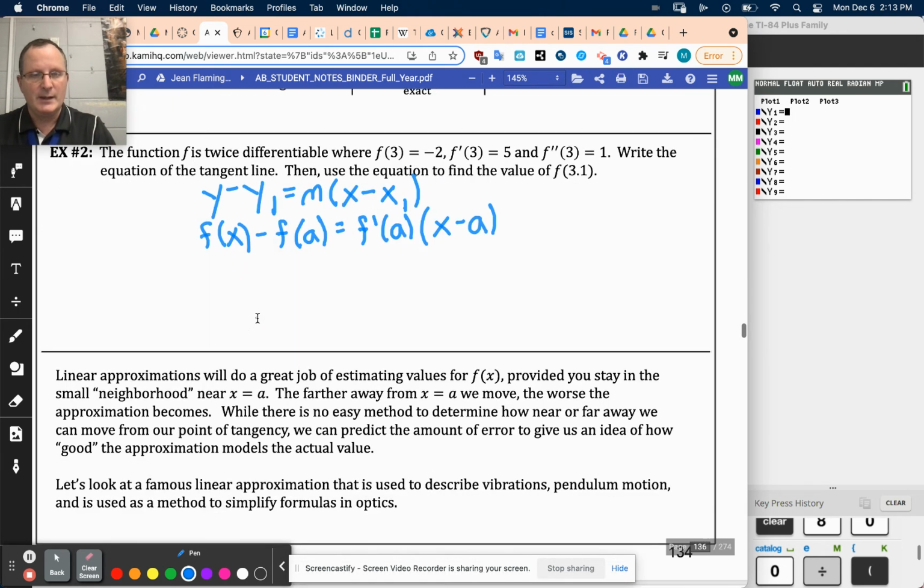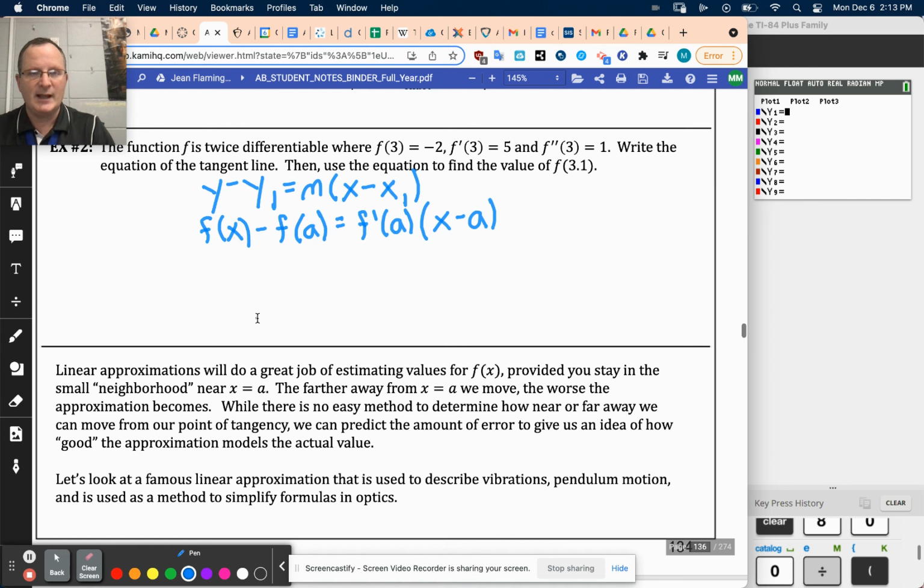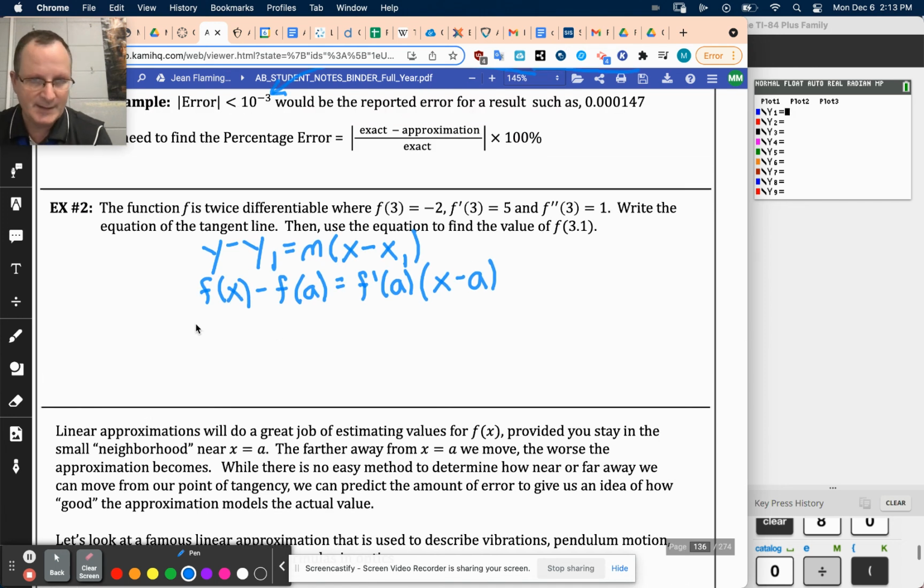L. So the equation of this tangent line, we'll call it L of x, is equal to, and that's going to be an approximation for the function itself. So L of x would equal, I'm going to add this f of a. So f of a, we're wanting to use 3, negative 2.